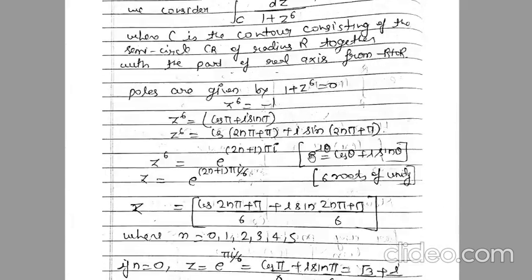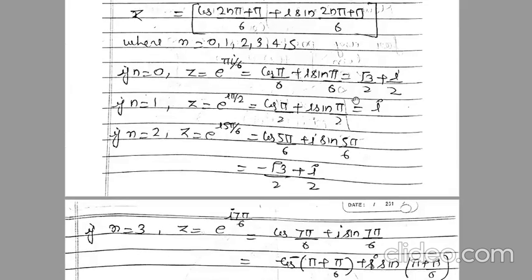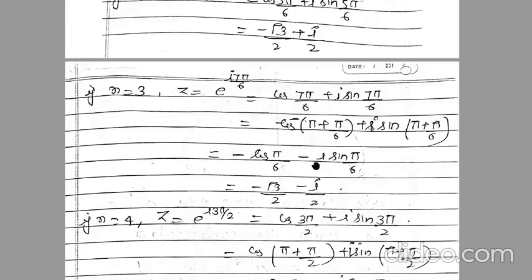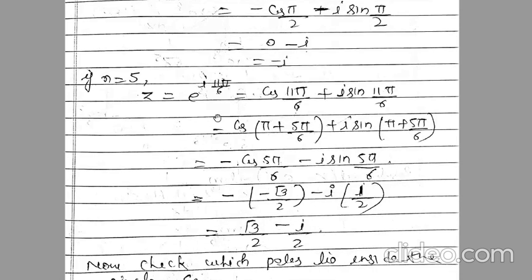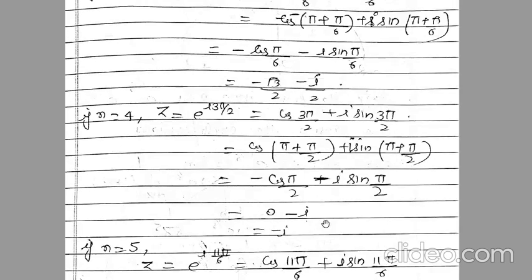So n is equal to 0, imaginary part is positive, n is equal to 1, imaginary part is positive, n is equal to 2, imaginary part is positive, and n is equal to 3, this is negative, for n is equal to 4 negative, n is equal to 5, this is also negative. That means a negative imaginary part cannot lie inside the circle, since we have the upper half circle.